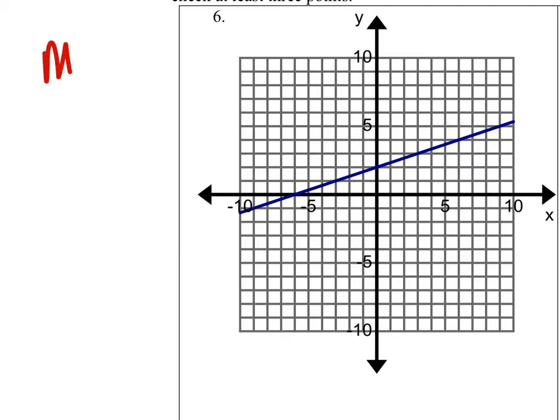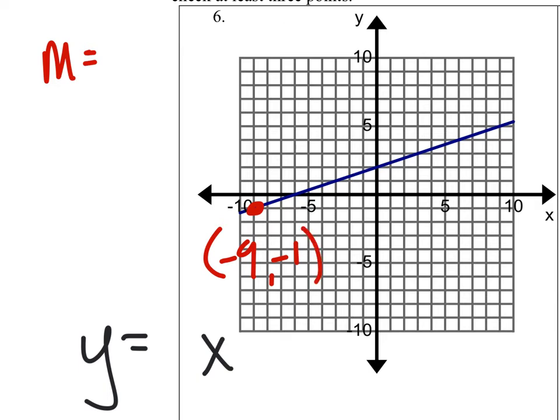If we can just identify the slope, then we'll have that part of our equation. Right here, it looks like I've got a few points I can use. I've got this point right here, which is at -9, -1. You don't have to use these two specific points, but you just need 2 points where you can find good old slope. And then I've got this point right here, which looks like 7, 4. Well, I'm going to need my right triangle right here.